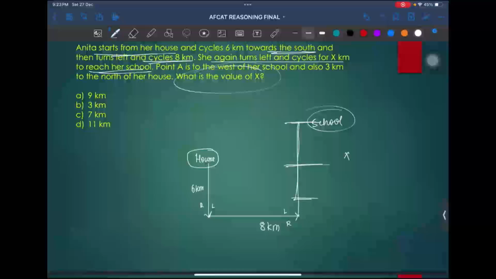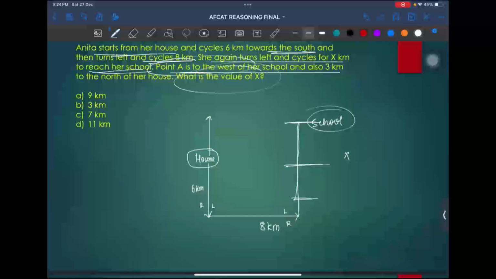Point A is to the west of our school and also 3 kilometers towards north of our house. From this statement, we can conclude that point A is 3 kilometers from the house of Anita.